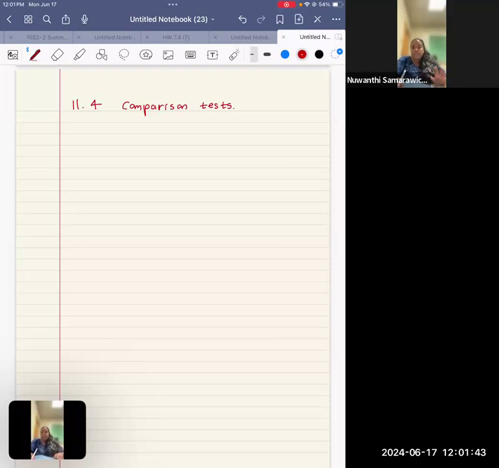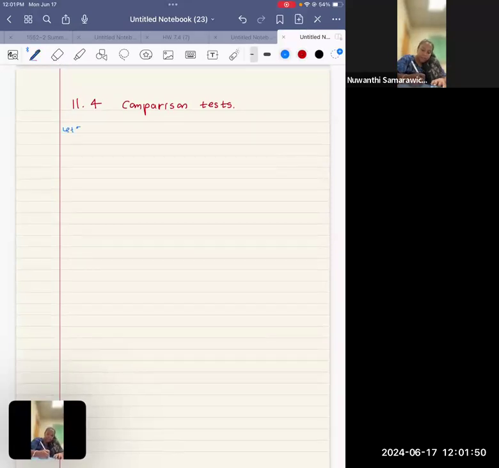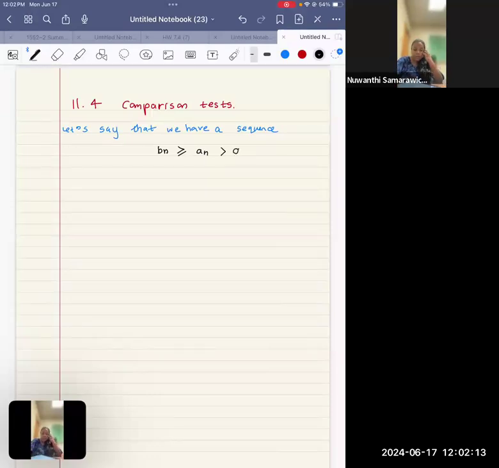Okay, so let's first see what is a comparison test. So let's say that we have a sequence. If we have a sequence like this, B sub n is greater than or equal to A sub n, and all these terms are positive terms.